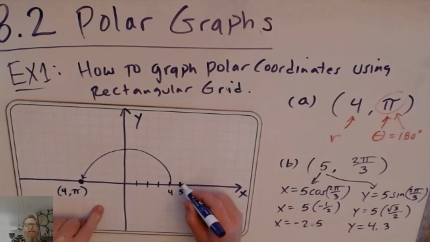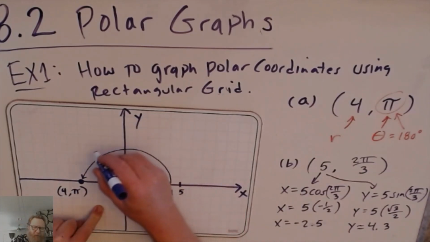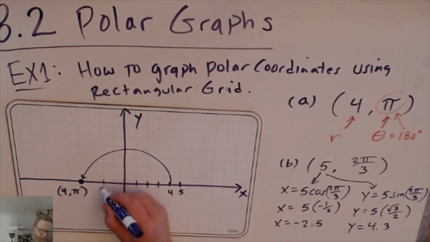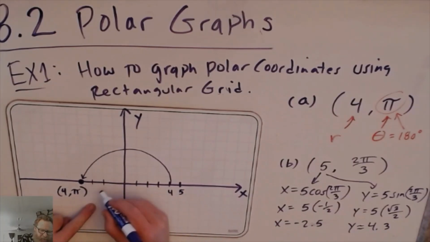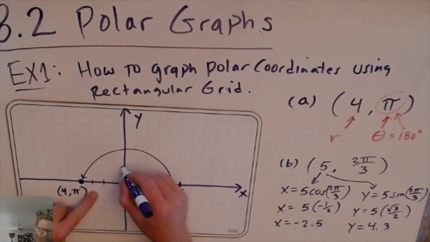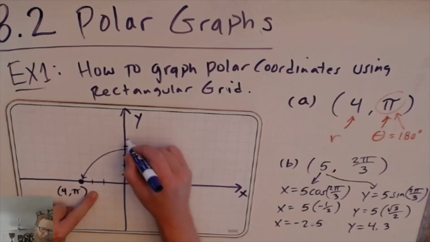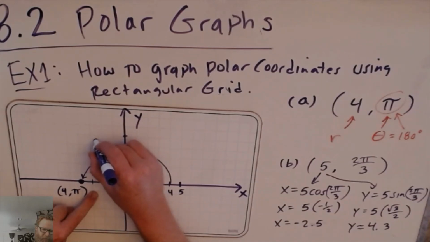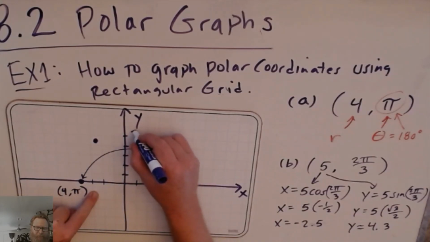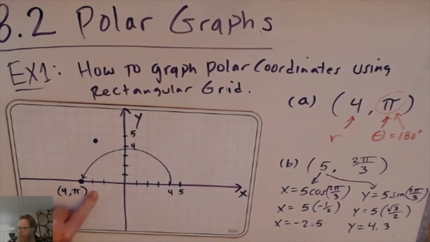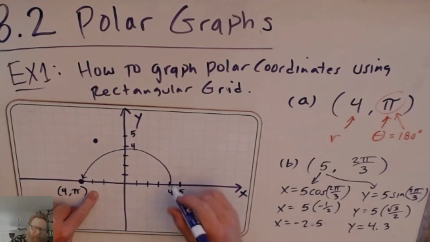So my radius is 5. My angle is 2 pi over 3. And so that puts me at negative 2.5 and positive 4.3. You can just estimate about 4.5. You're not really going to be able to get 4.3.